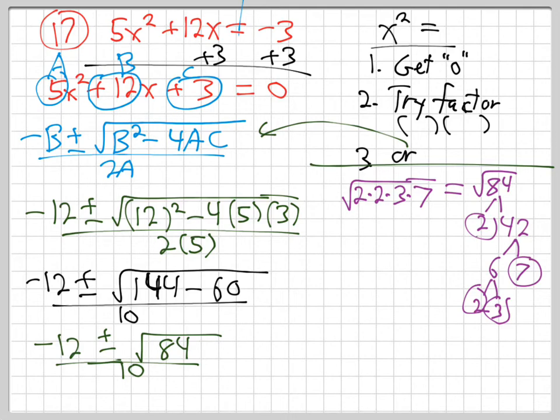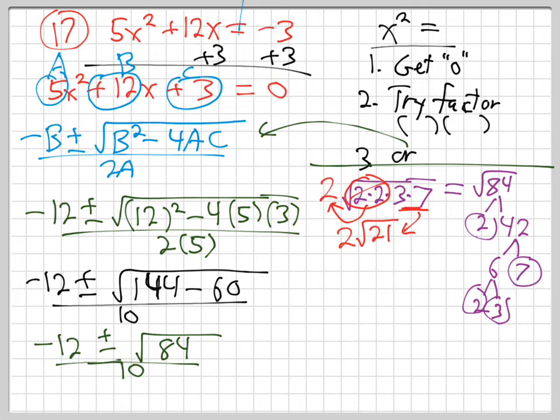I just took the 84 and broke it down with my calculator. Remember the rule for a square root? 2 2s in, 1 2 out. 2 for 1 deal. And then that makes 21, right? 3 times 7, 21. So 2 root 21. So the square root of 84 has broken down to become 2 root 21.